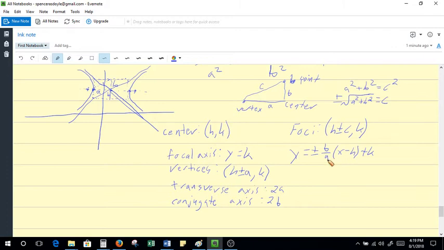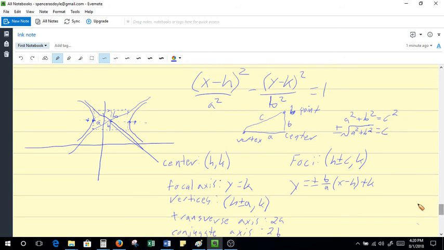The asymptotes are a little more complicated to understand. If you want to get into why that operates the way it does, please do and play around with it, but we can also just draw the asymptotes through the corners. And that is everything for hyperbolas. Thank you.